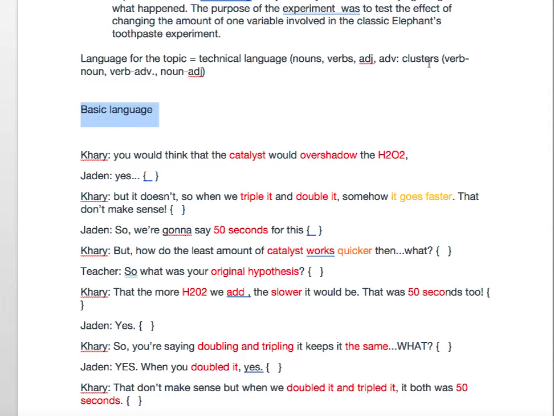When you give learners enough of these to make them sound like they're talking like scientists, then the basic language falls away. And I think as a follow-up, it's helpful to have learners, especially language learners, do conversion exercises, or actually they call them transformation exercises.